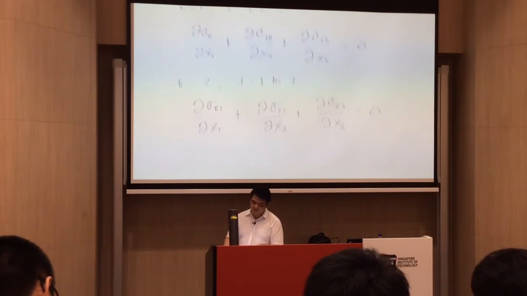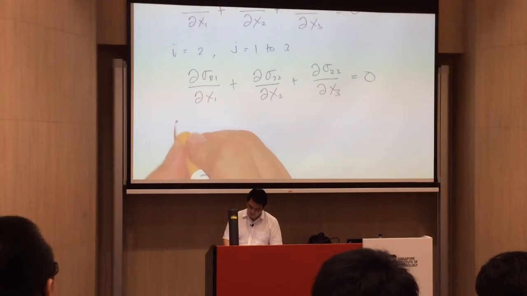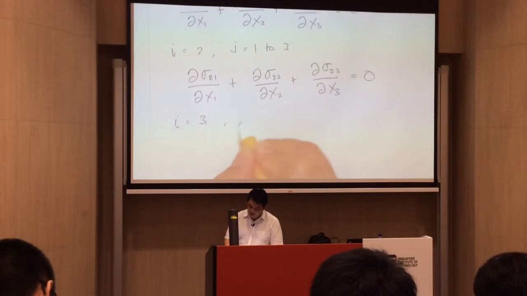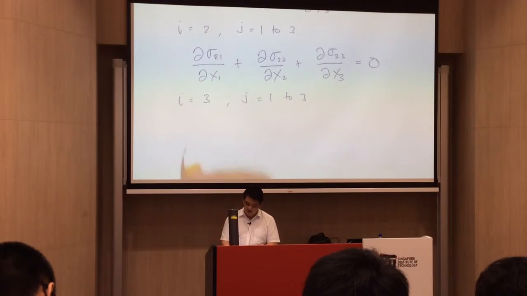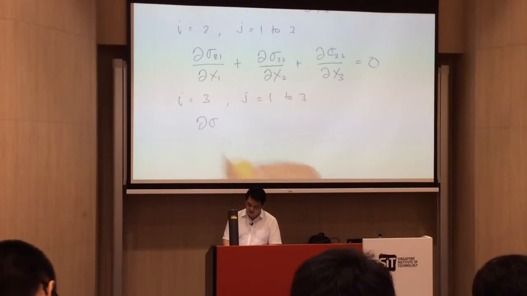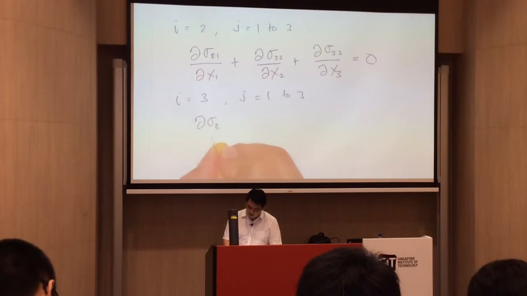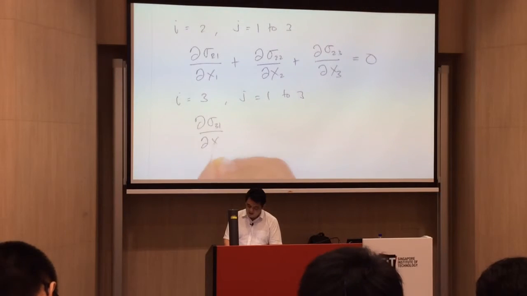And then you do the same for i equal to 3, j equal to 1 to 3. Then you have partial sigma 3,1 with respect to x1.